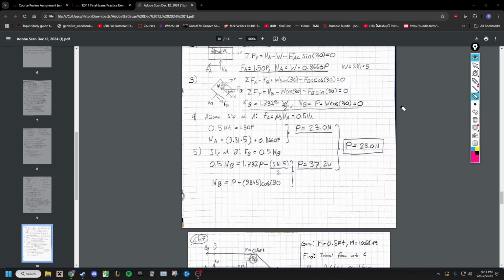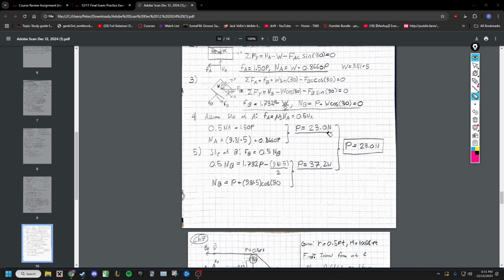When we assume that it's slipping, we know that the friction is equal to the coefficient of friction times the normal force. We substitute F of A equals US times N of A into the system of equations from earlier, and we get this system of equations.